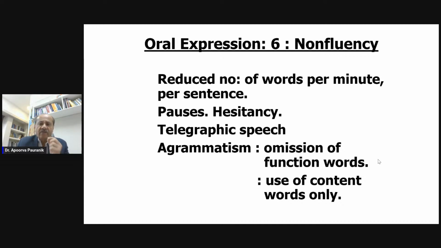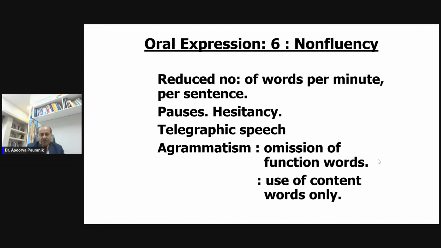A word about non-fluency. A large number of patients, particularly those who are suffering from Broca's aphasia, which is a very famous type of aphasia, have non-fluency. They speak reduced number of words per minute, reduced number of words per sentence. They have a lot of pauses or hesitancy, and that phenomenon is called agrammatism. They omit the function words and they use only the content words. What are function words?